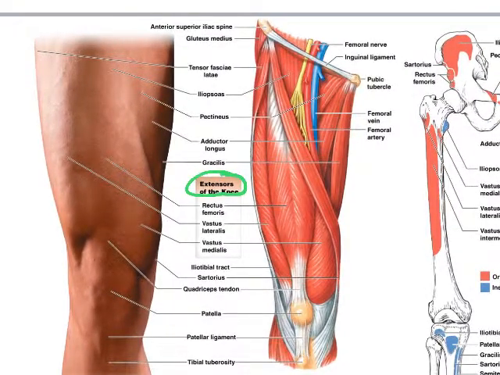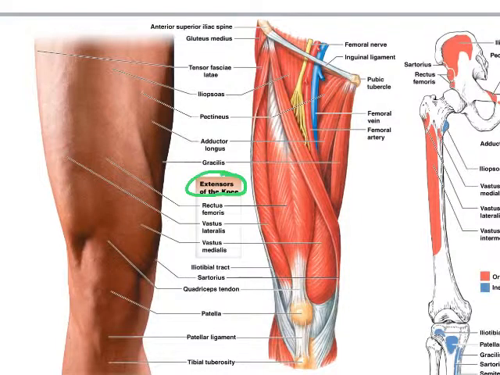You can see rectus femoris. So you guys remember we had biceps. That's going to be on the other side. We'll see biceps femoris on the other side. On the anterior side, we're going to see rectus femoris, kind of like the rectus muscles, rectus abdominis, if you guys remember that from the axial muscles.